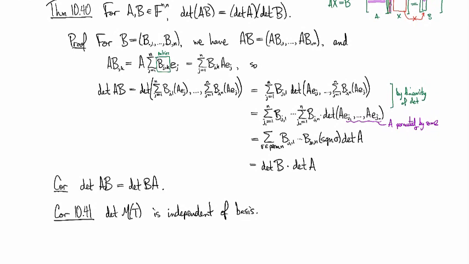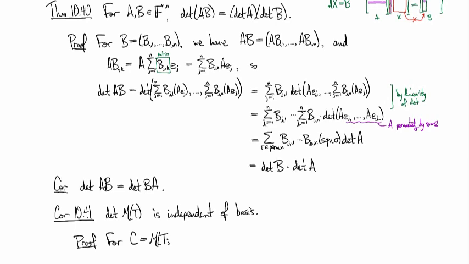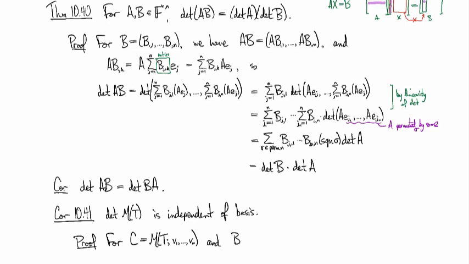To see that, take C to be the matrix for T in the basis of V's, and take B to be the matrix of T in the basis of U's.